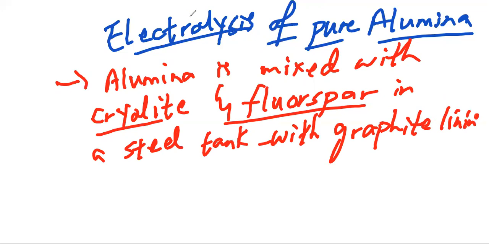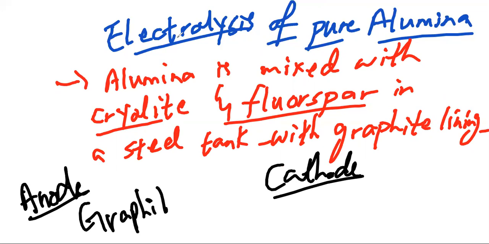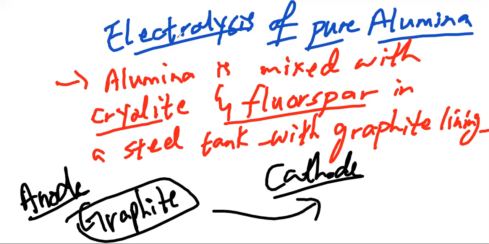Anode and cathodes are needed, because in electrolysis there must be one anode and the other cathode. So both are graphite. Anode is graphite and cathode is also graphite, because we have covered the steel tank with a graphite lining.